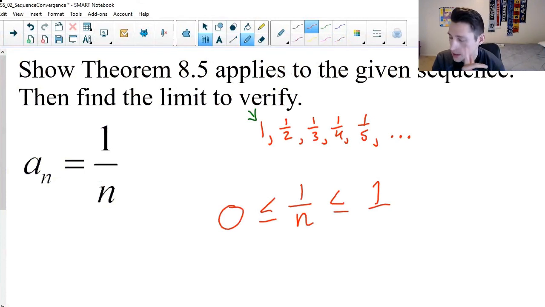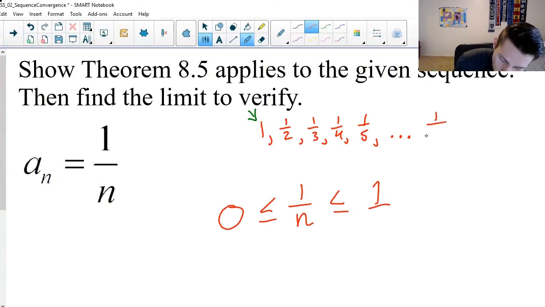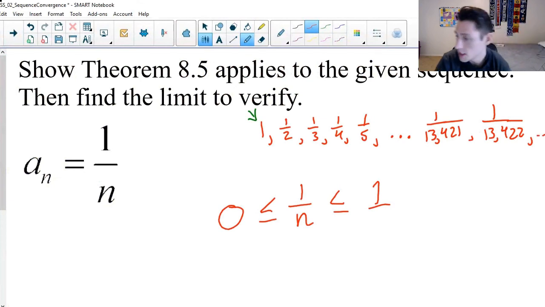Because I'm still plugging in numbers here. Eventually I'll get to 1 over 13,421, and then 1 over 13,422, and so on. But the point is, there's always going to be some number in the denominator, so I'm always doing 1 divided by that number.